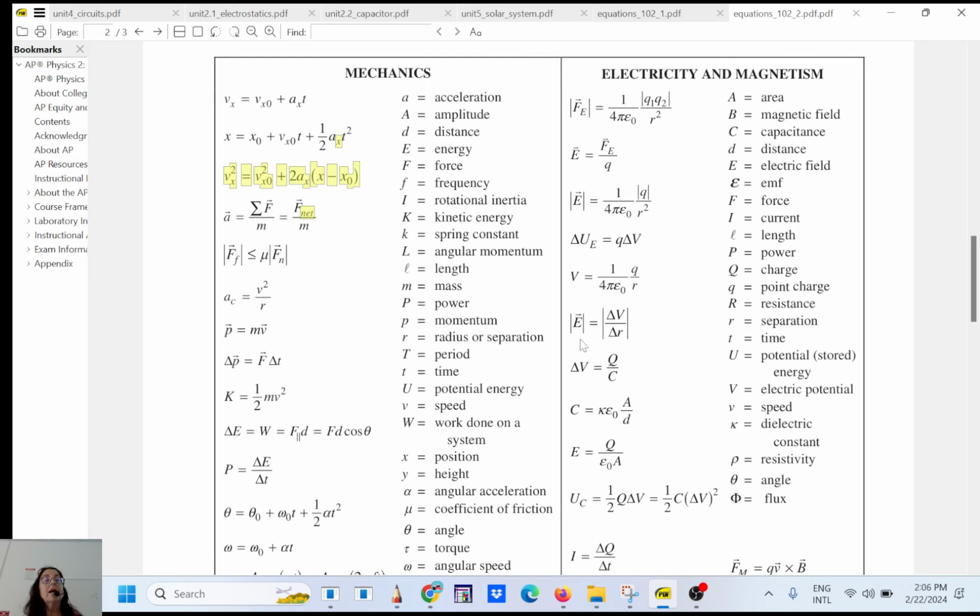Now, if you have a parallel plate capacitor, for example, we have seen that the electric field is uniform, and the electric field will be the slope, delta V, okay? So the voltage across the plates divided by the distance between the plates.